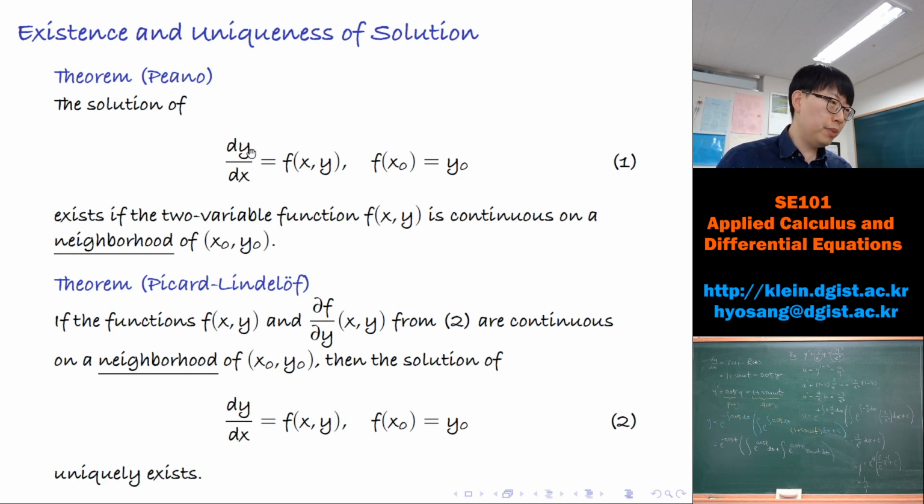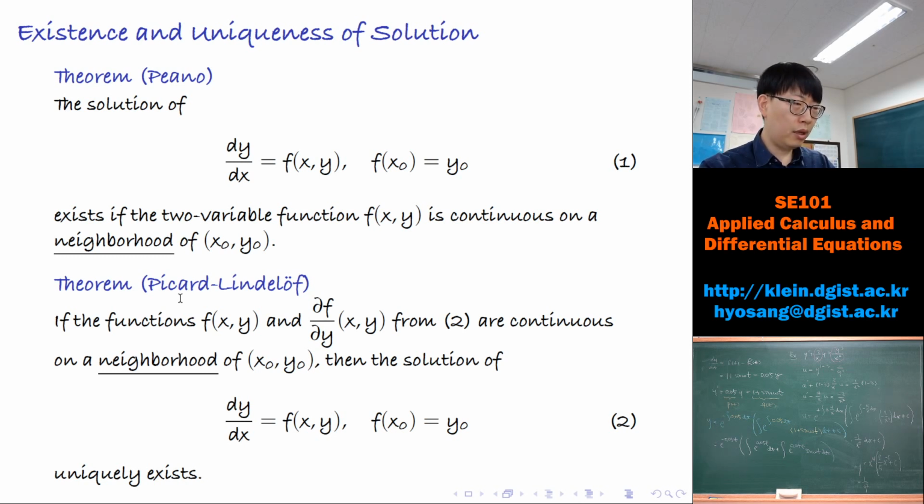Now the next theorem, the Picard-Lindelöf theorem, tells you that there is a unique solution if the function f(x,y) on the right-hand side, and another two-variable function obtained by taking the partial derivative of f in terms of y, are continuous. So, of course, the Picard-Lindelöf theorem is a much stronger theorem than the Peano theorem.